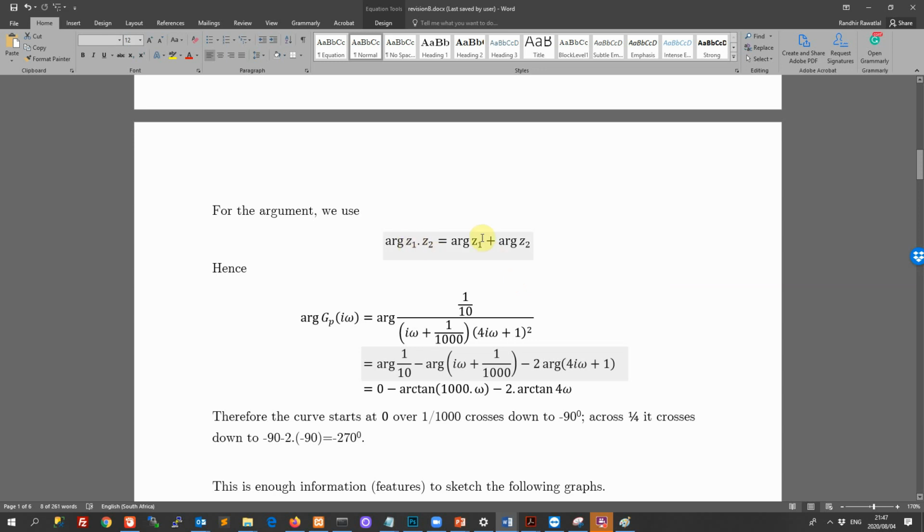So anyway, if we are looking for the angle of g of i omega, we can say that's equal to the angle of all those factors, and then we can use this property to split that up. So of course here it's the angle of 1 over 10, and then minus the angle of this function, minus twice the angle of this function.